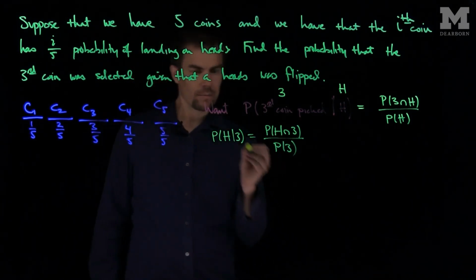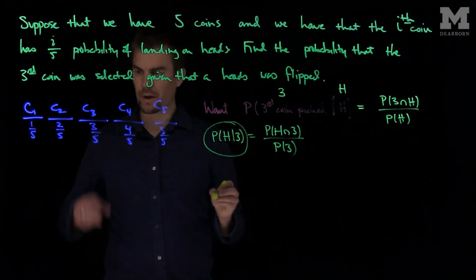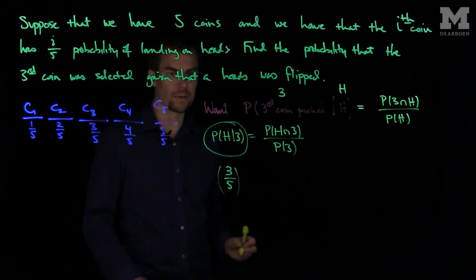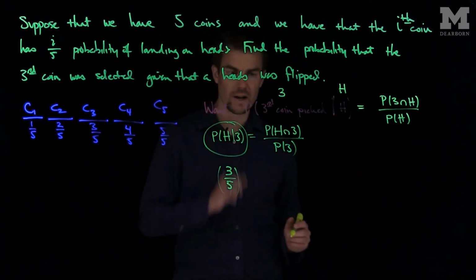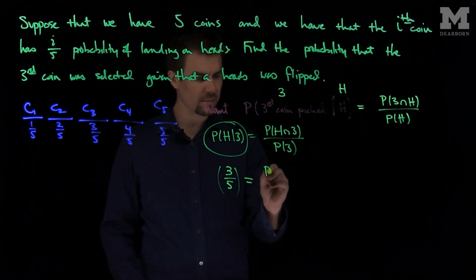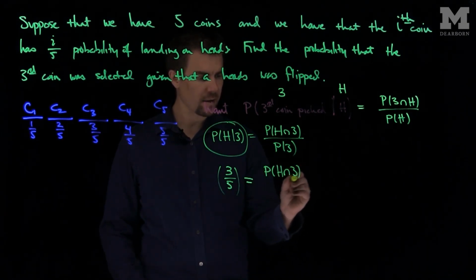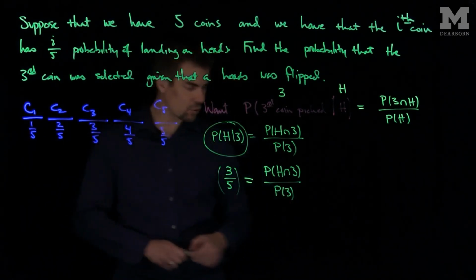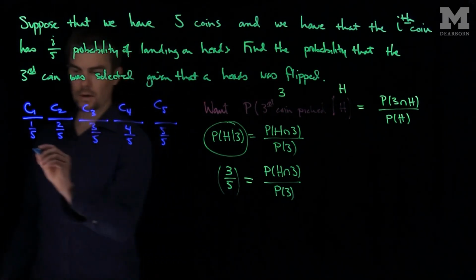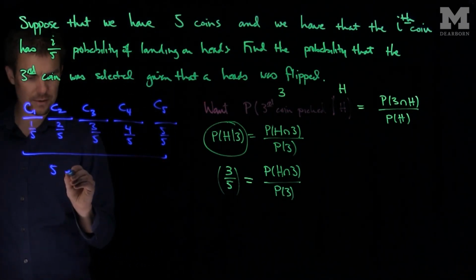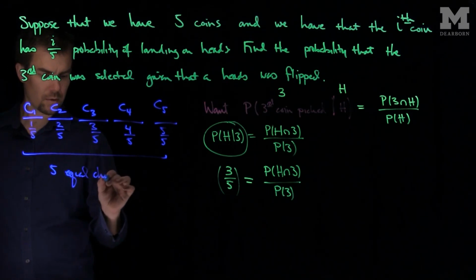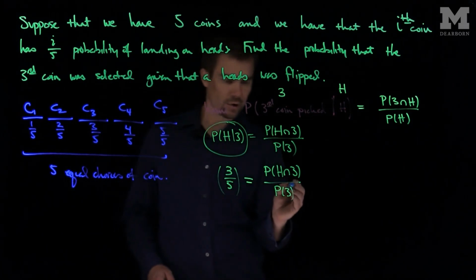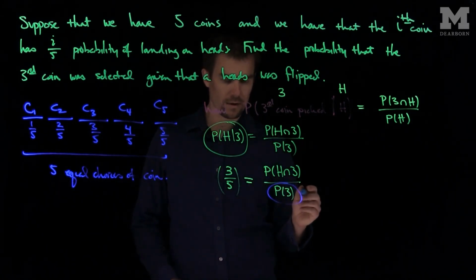Now, we happen to know that the probability of H given 3 is 3/5. That is the probability of getting a head given that the third coin was selected. So 3/5 has to be equal to the probability of heads and 3 divided by the probability of the third coin being selected. Now there's a total of 5 equal choices of coin, so the probability of drawing a 3 is 1/5.